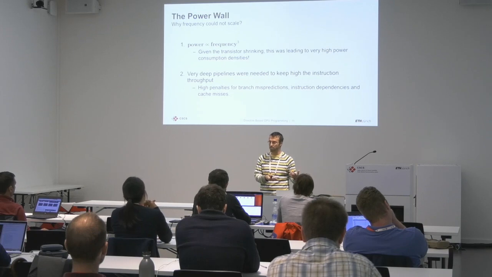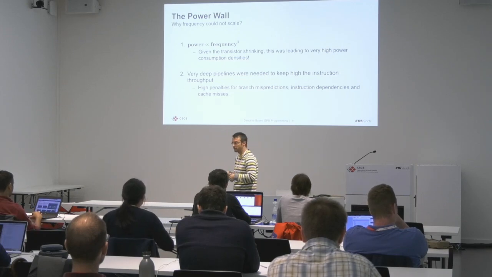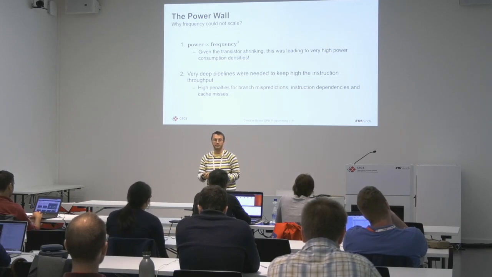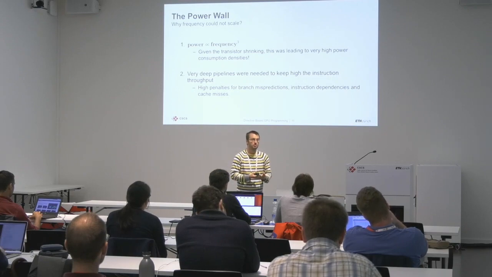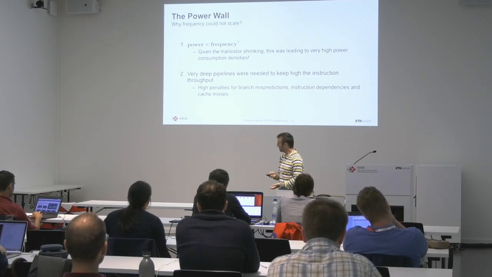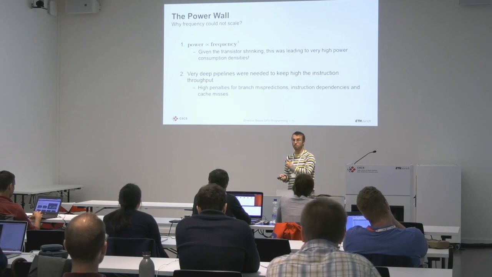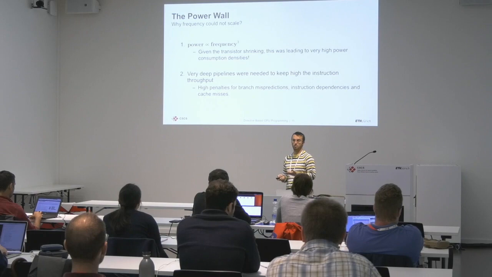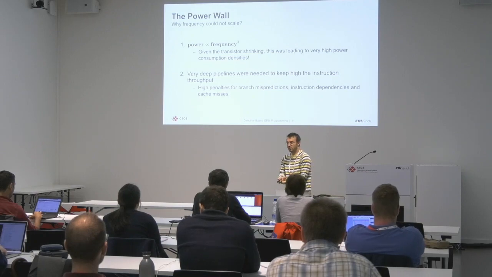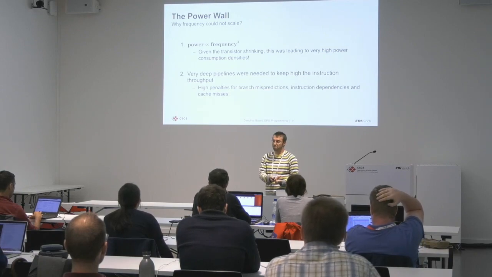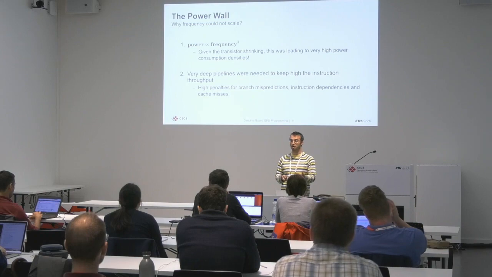Then I had to flush the pipeline, 10, 15 stages, which means I was losing 15 cycles or more. So this couldn't scale. So for these reasons, architects moved to multi-core. The technology exists so that we can still shrink transistors, but we cannot scale the frequency. So what else can we do? We can gain performance by putting more parallelism on the chip.